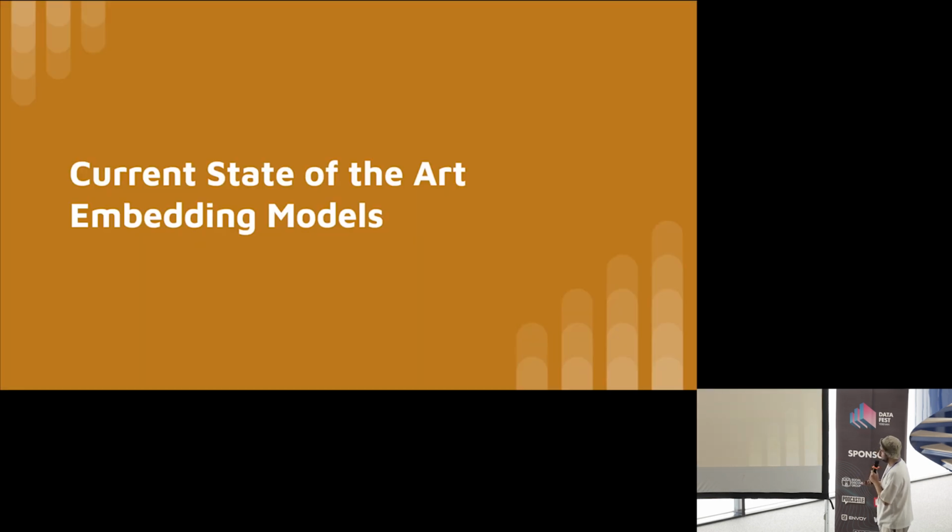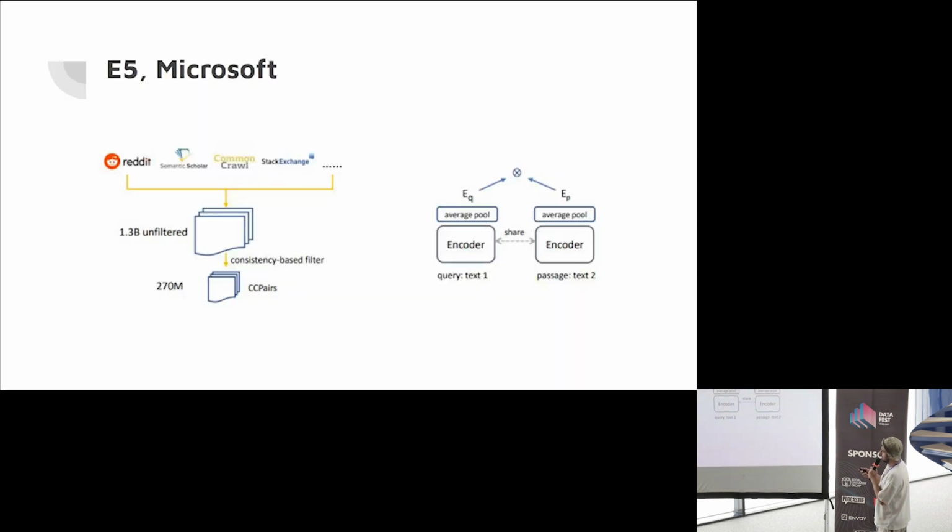So the current state-of-the-art embedding models, one of them is E5. The name is similar to T5, where in the name there are 5 E letters, so they just took that and made it E5. This model is from Microsoft. Here they took the traditional BERT and collected data from different sources: Reddit, Common Crawl, Stack Exchange.